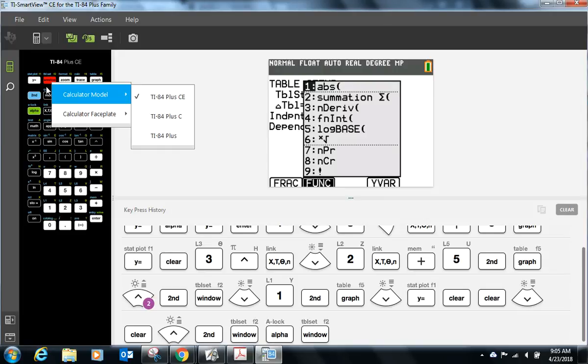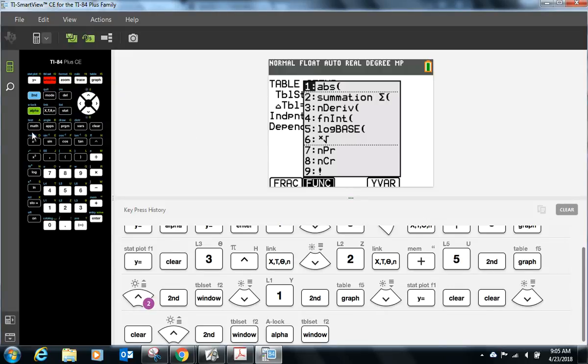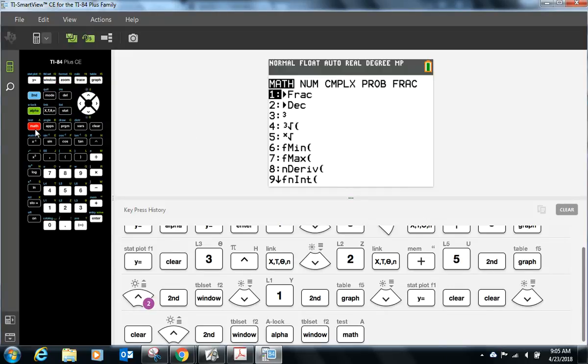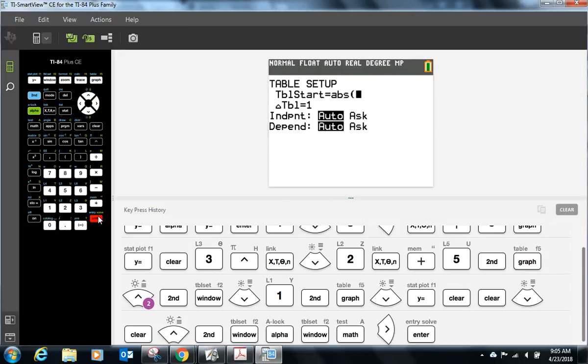You guys that maybe can't get alpha window, everyone ready? Go under the math button right here on the left side of your calculator. You can hit the math button, scroll over to NUM, and it's the first choice. So either alpha window or math, scroll over to NUM, absolute value.